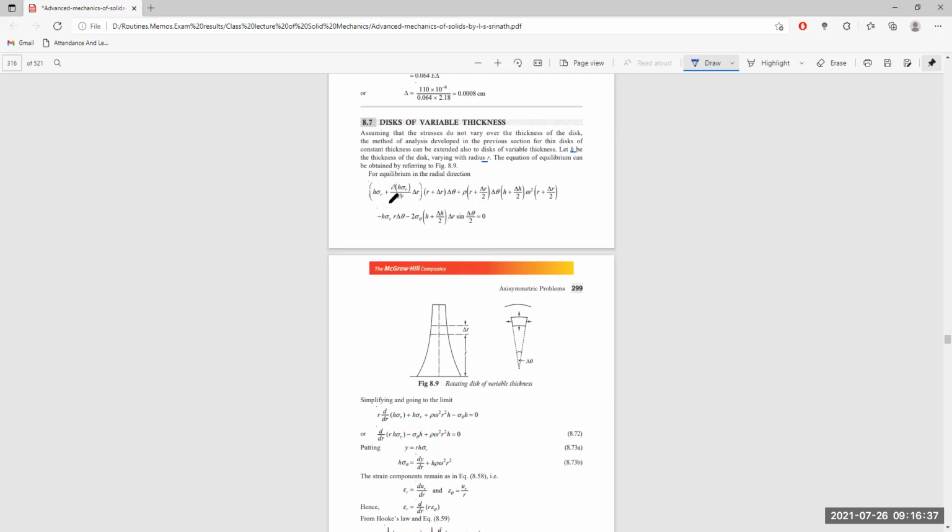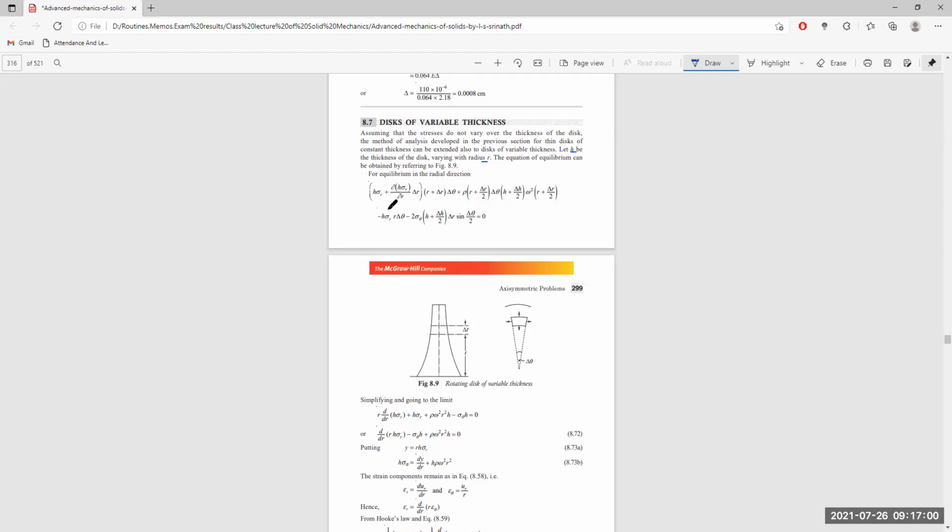Next, we have the cross-sectional area, that is H. The thickness of the disk, H, is varying with the length r itself.